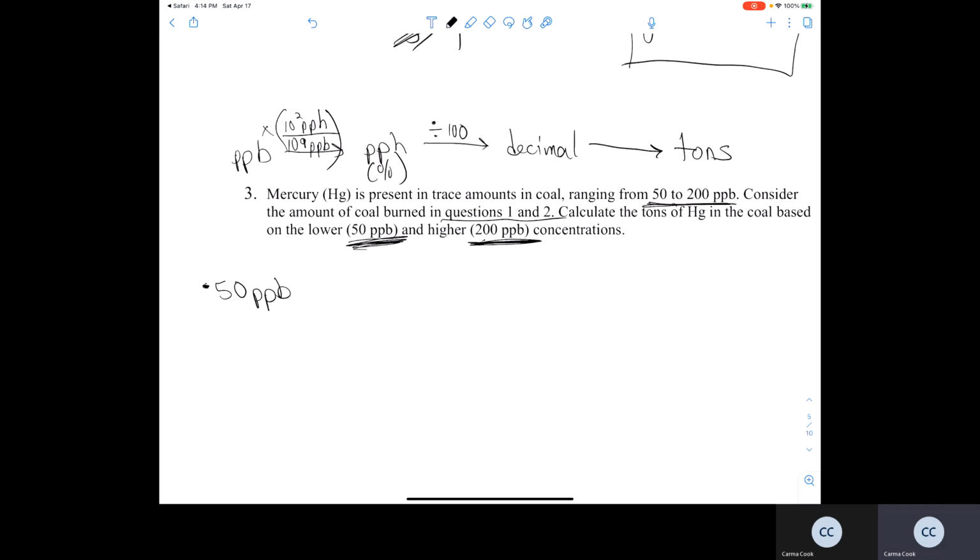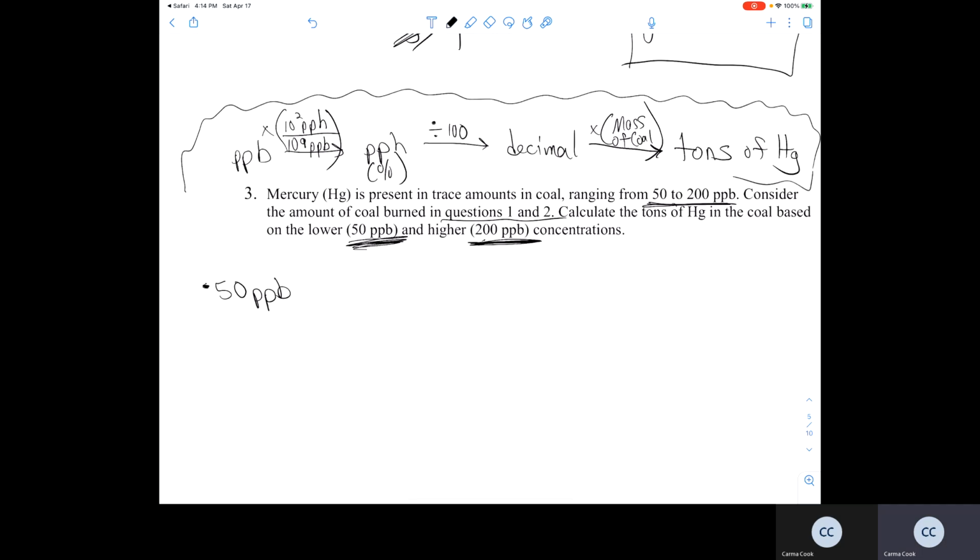Then you take your decimal and multiply it by the mass of coal, and that will give you the tons of mercury. So this is our plan for solving this problem.